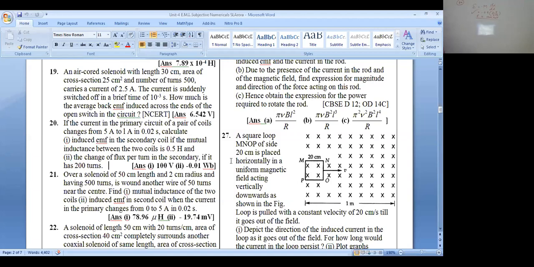Negative sign means decreasing flux. Here we are decreasing the current from 5 ampere to 1 ampere only. The flux linkage is definitely decreasing. So by going through the question, you can find out it is decreasing flux. Got this?